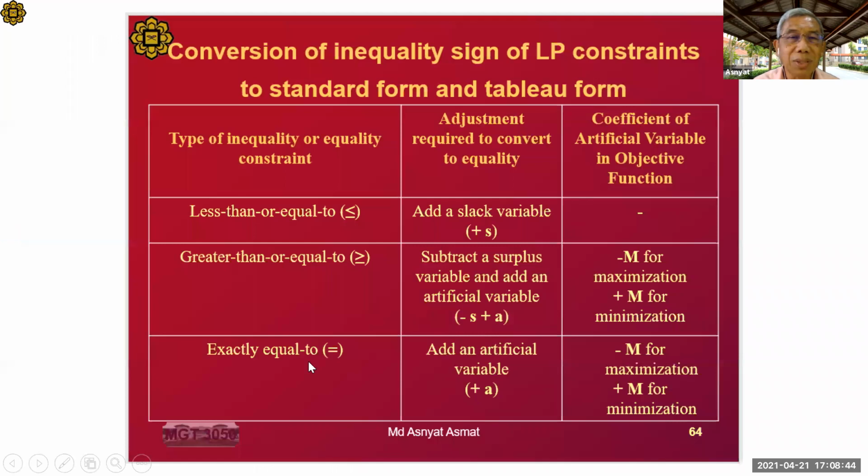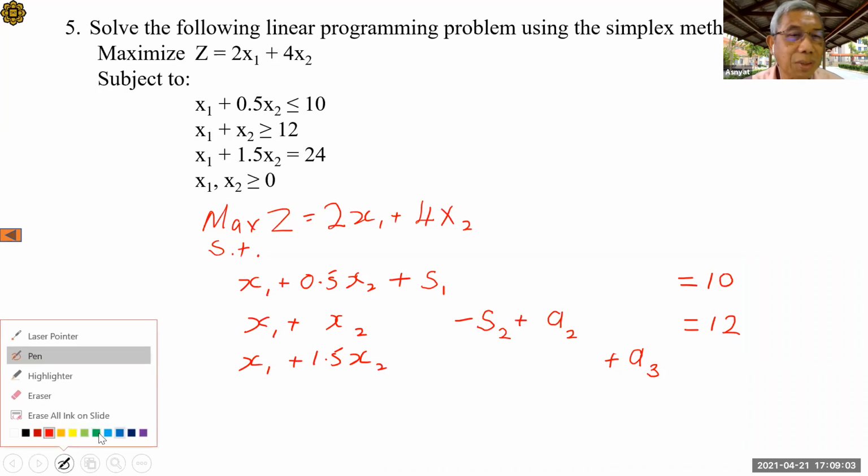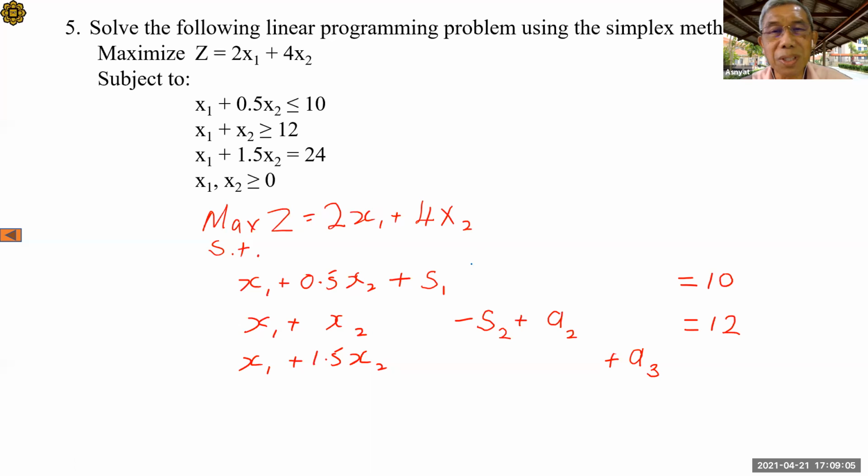The last one, when it's equal, plus artificial. How about the other equations? So all variables must appear in every equation, right? We give that rule, all variables must appear in every equation.